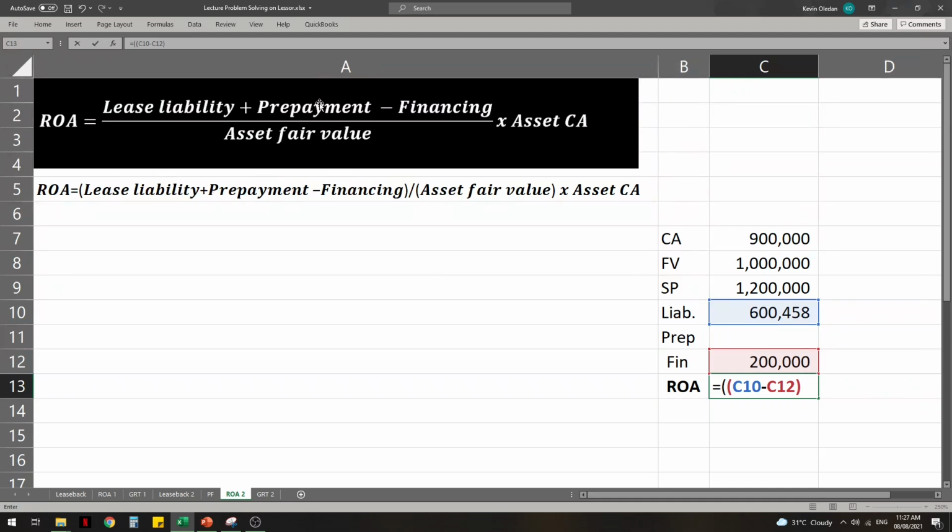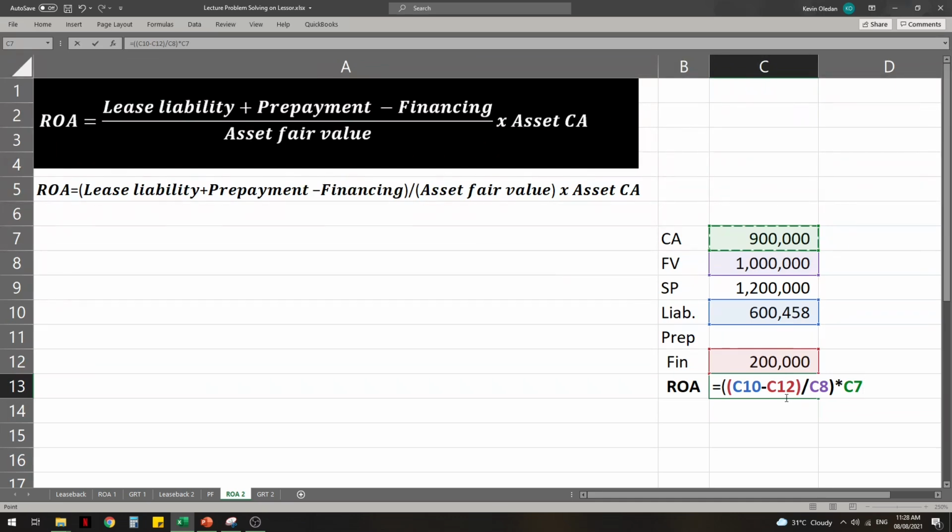Lease liab plus prepayment minus financing. And since there is no prepayment, zero yan sila. Well, actually, guys, prepayment or financing, because they can't exist in one problem. You either have prepayment or financing. That will be divided by the total fair value of the asset. And all of this will be multiplied by our asset carrying amount. The only difference is you deduct the financing from the lease liability. Everything else is virtually the same.